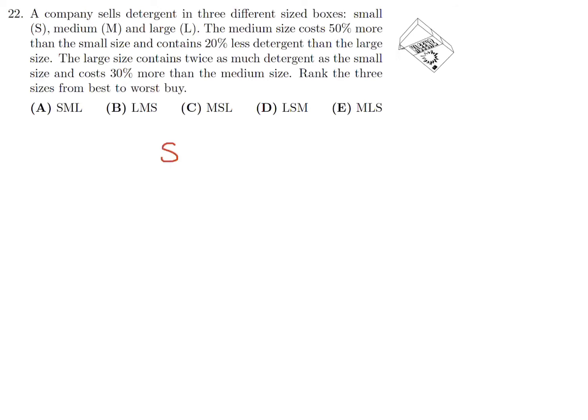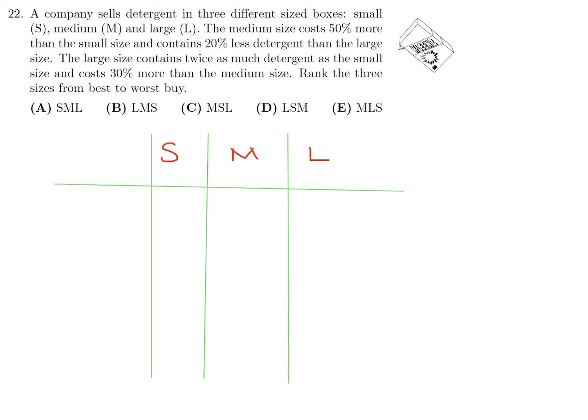So we have small, medium, and large, and I'm going to make a little table here. In my table, I'm going to try to figure out my best buy, my worst buy, and obviously the one in the middle. The first row is going to be the amount of detergent.